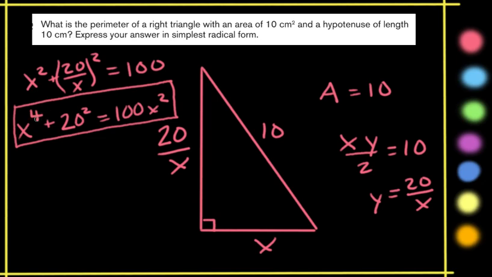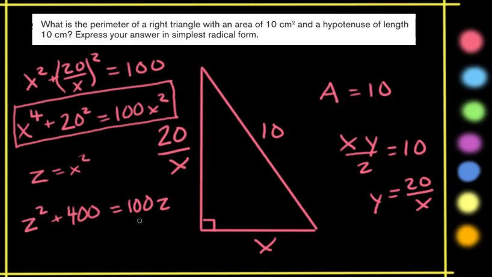But if you make a replacement, you say z is equal to x squared, then this thing can be rewritten as z squared plus 400, 20 squared is 400, equals 100z. So that is, in fact, a quadratic. It's quadratic in x squared, or as we're calling it here, z.